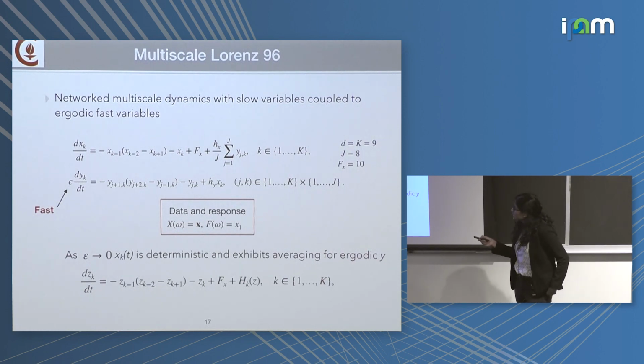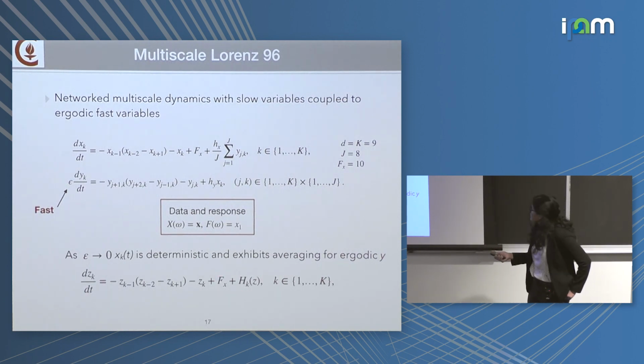And as epsilon goes to 0, the y dynamics are averaged out, and the xk approximately behave deterministically on each other. So the xk variables behave approximately Markovian, and this system exhibits averaging for ergodic y. So as epsilon becomes small, this average right here starts to look more and more like a function that depends only on the other x variables.